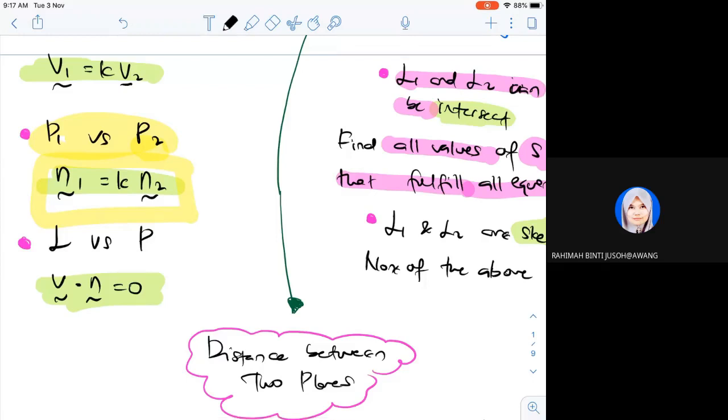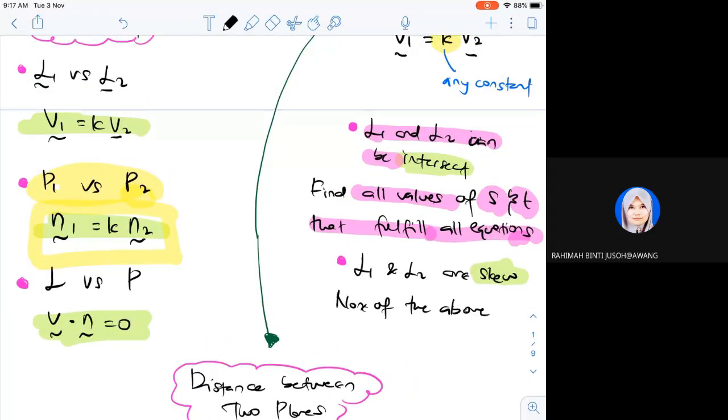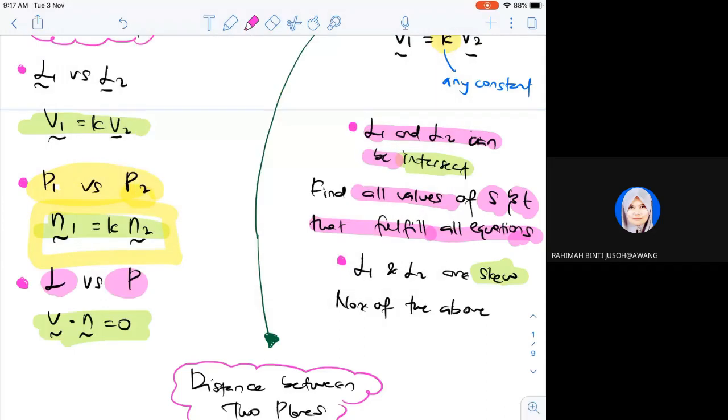Ni parallel test tau. Okay, you fahamkan tu betul. Parallel test said that if we have a line versus plane, if we can show that v dot n equals to 0, then we can say that the line and plane are parallel.